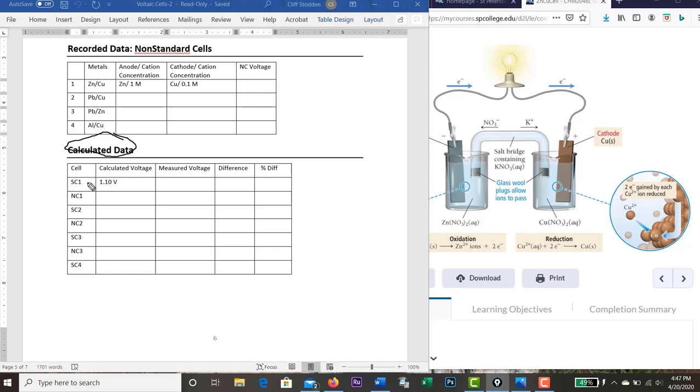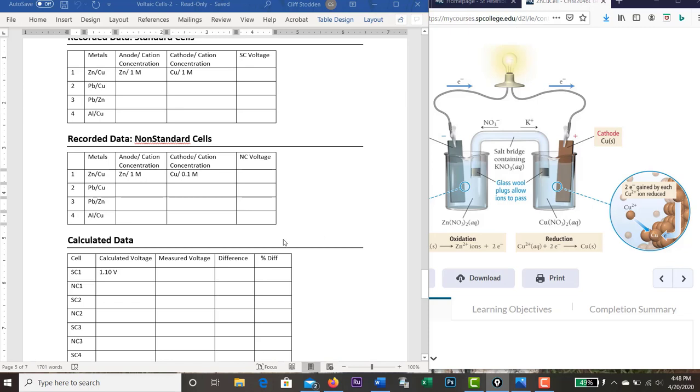In this lab report form, there's SCs and NCs. SC stands for standard cell and NC for non-standard cell. The standard cell corresponds to the situation where you have 1 molar concentrations, which was the top table here.